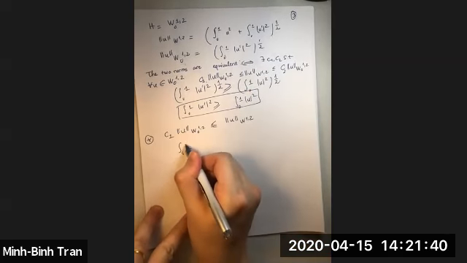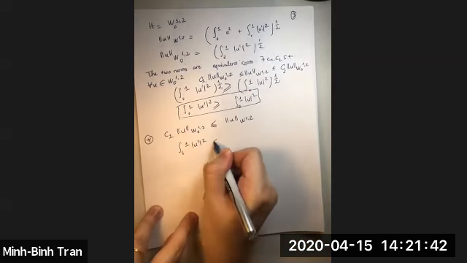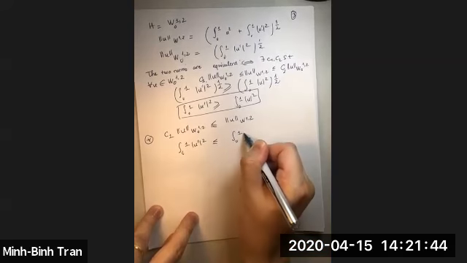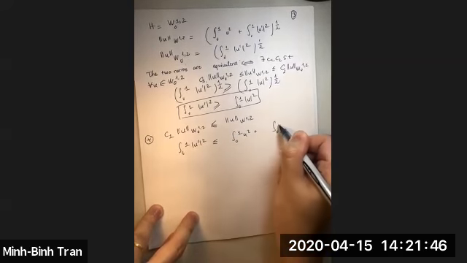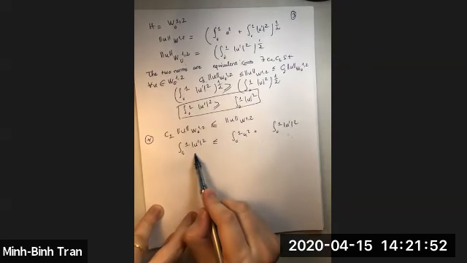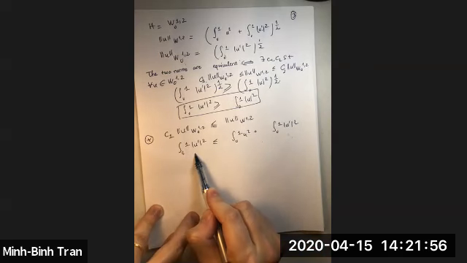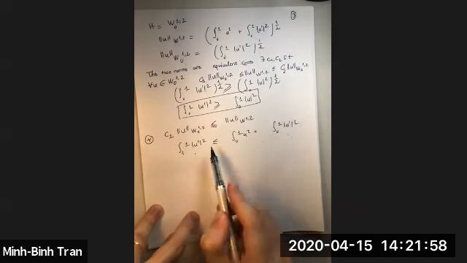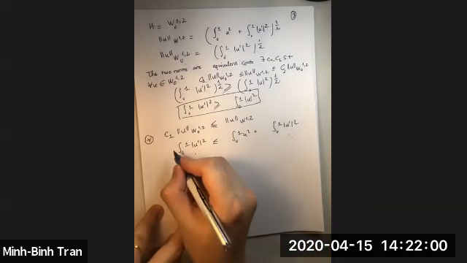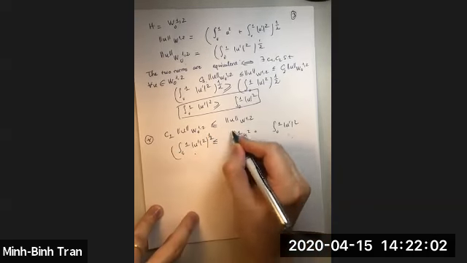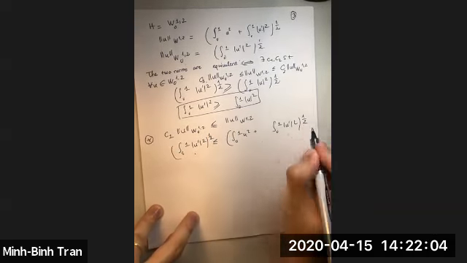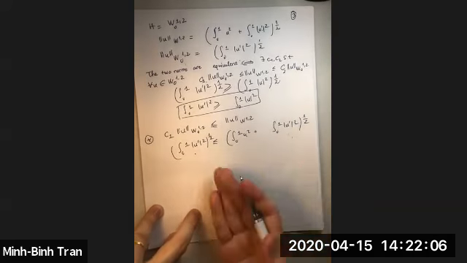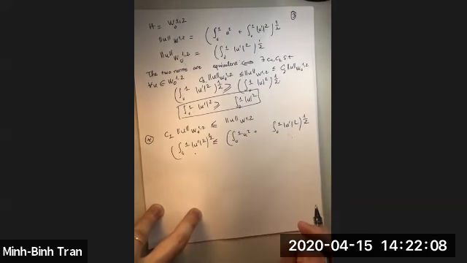So you have clearly that this is smaller than this, because here you have two quantities and here you have only one quantity. So then of course this is smaller. Now if I take the 1/2, this is still the same because they are positive quantities.